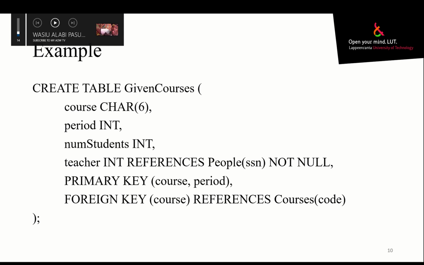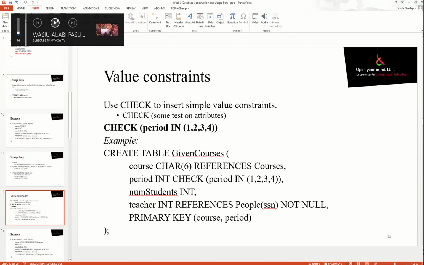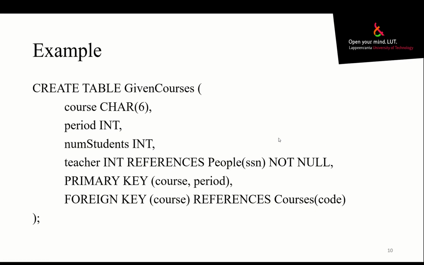With the example here, you can see that we have a table called given courses, and the primary key is course, and there's a foreign key here. The foreign key is referencing the table courses, where the reference is on the course code. So here's an example. Now let's take something more practical.